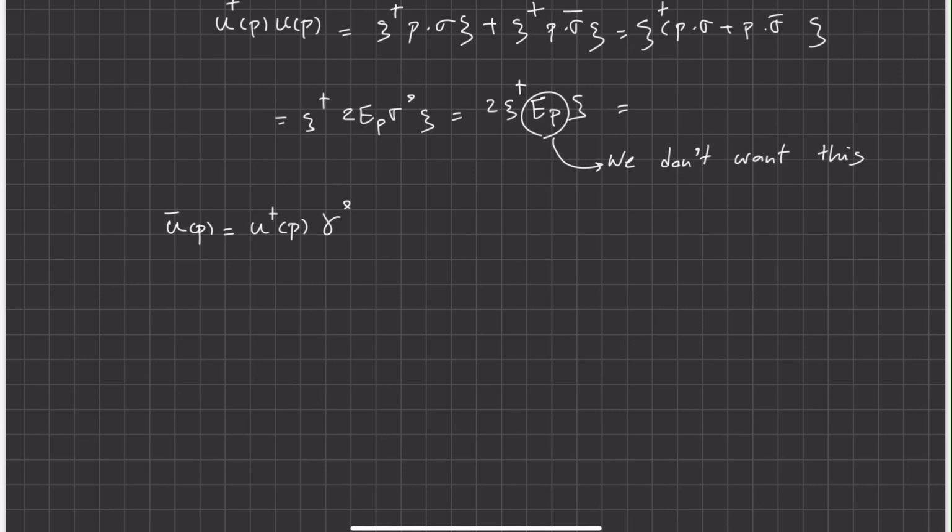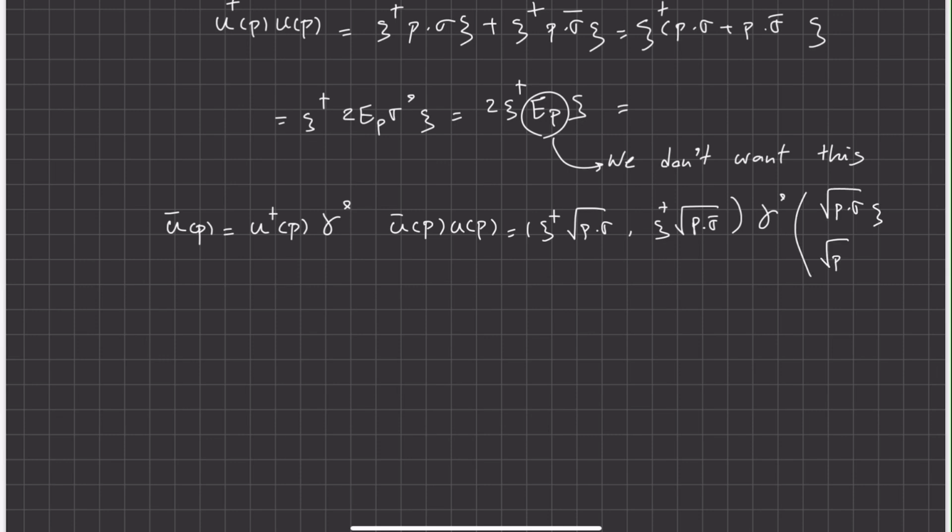Then u bar p times u p is the same thing, but here there is a gamma 0, and this gamma 0 is going to flip the order, because there are two unitary matrices here, and it can flip the upper and lower index.